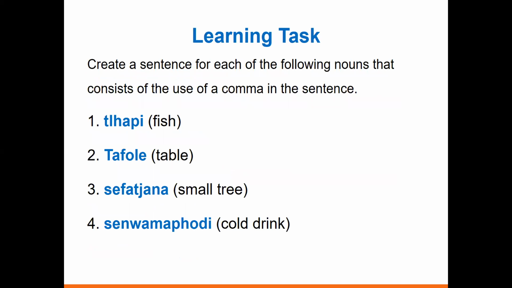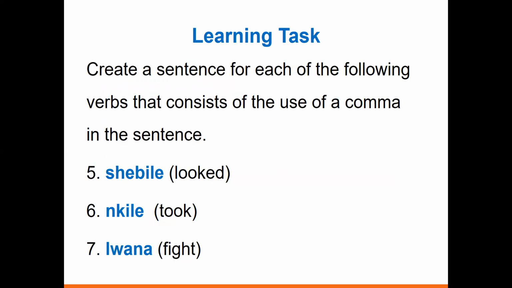In the previous slide, I used examples of nouns. So those nouns must be there. Maybe you can use other nouns, separate those nouns and include other nouns in the sentences, and also use the conjunction. So we cannot use a comma in the sentence without having a conjunction.